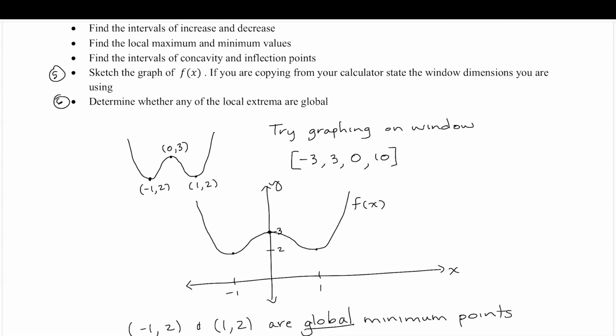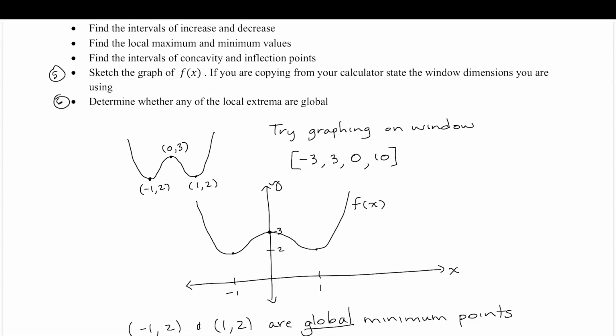So we could say the global minimum value is 2, the y value. Again, we have the locations of the minima: the minimum points occur at x equals 1 and x equals negative 1, but the minimum value is 2.